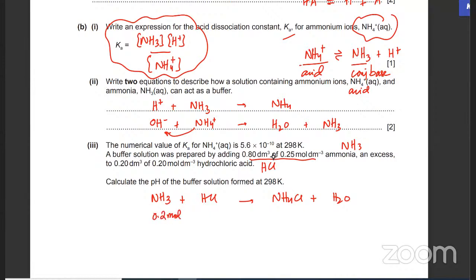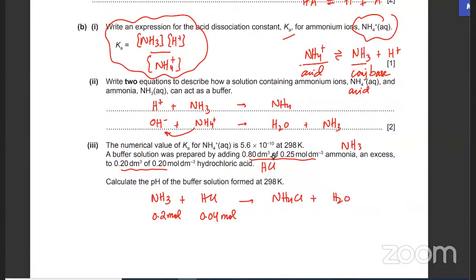How many moles of HCl do you have? 0.2 into 0.2, so 0.04. So this one is 0.04 moles.